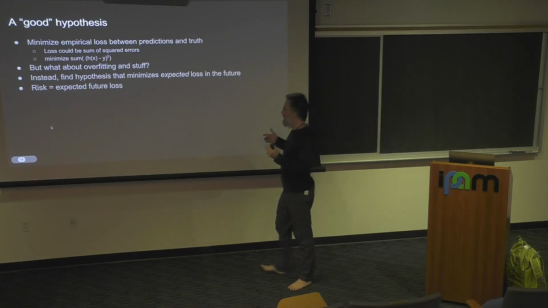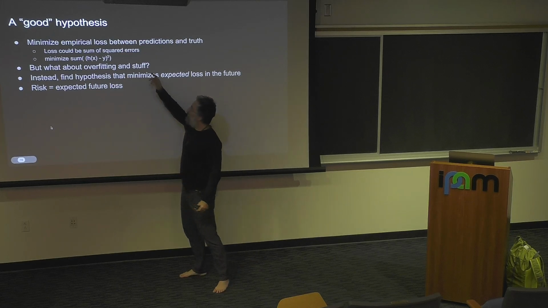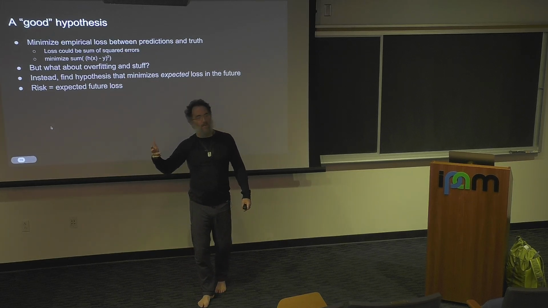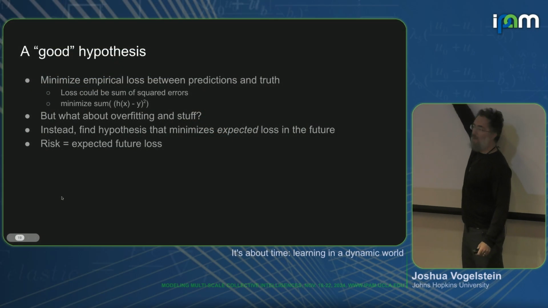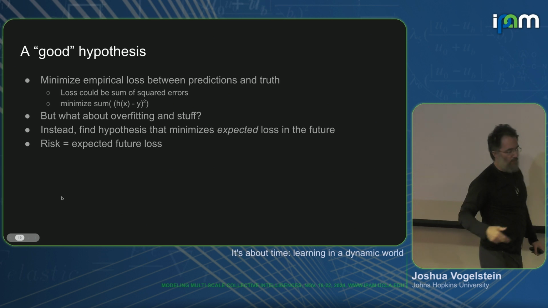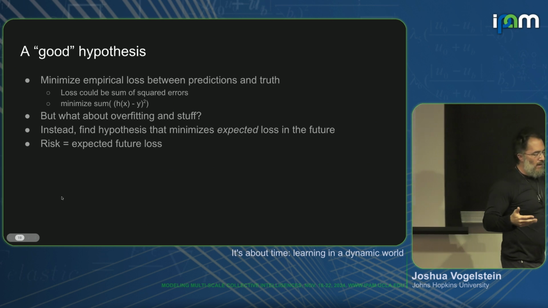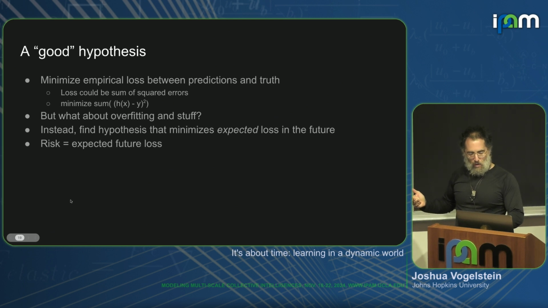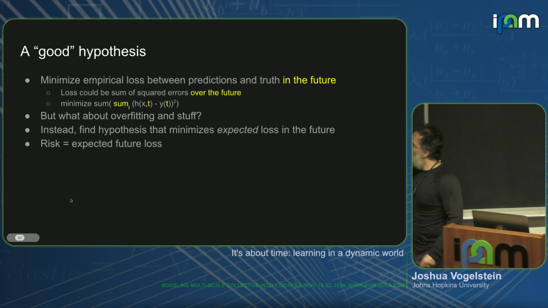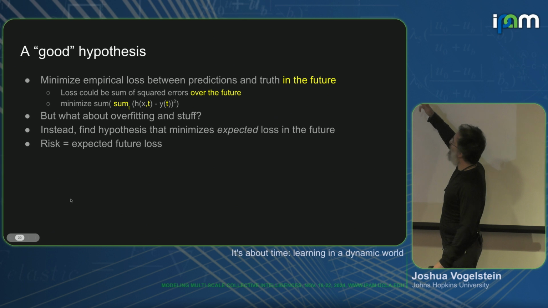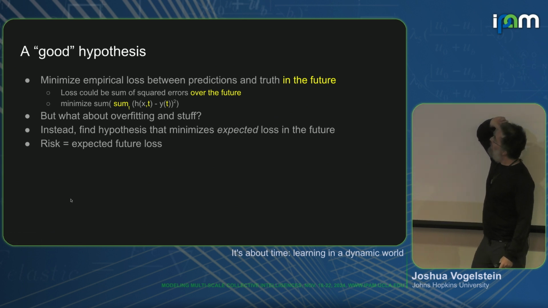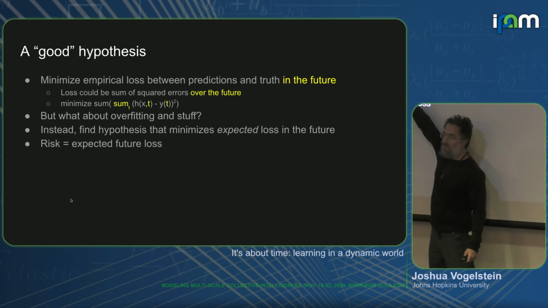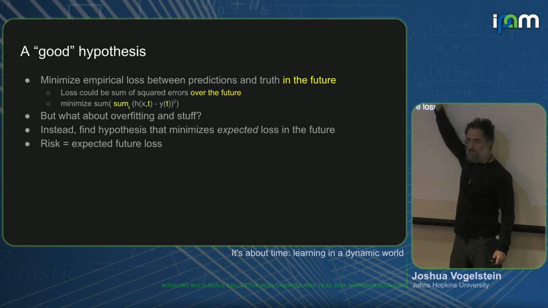In PAC learning and much of machine learning, we try to find the hypothesis that minimizes some notion of loss. Often we're talking about minimizing the sum of the errors between what it predicts and the truth, or the squared errors or something like that. Once we have time, we're talking about minimizing the loss between predictions and the truth integrated over the entire future. So we added a sum in here, integrating over time.